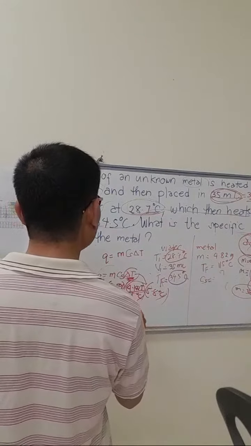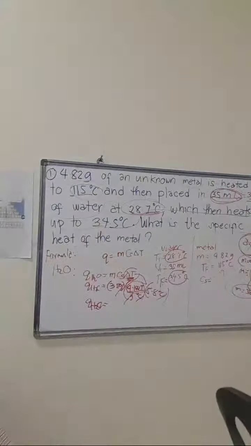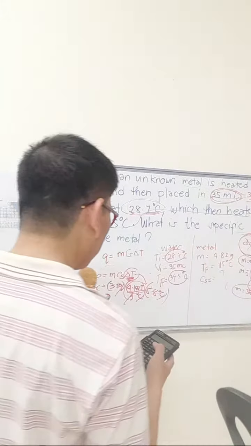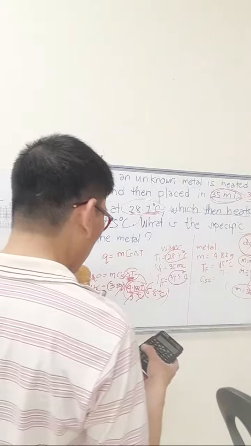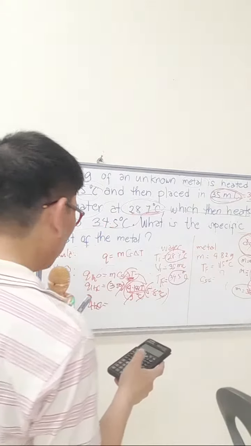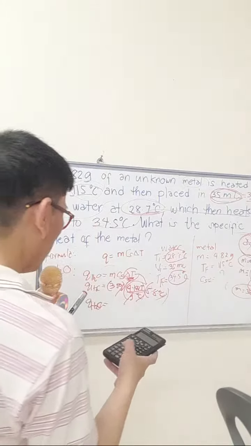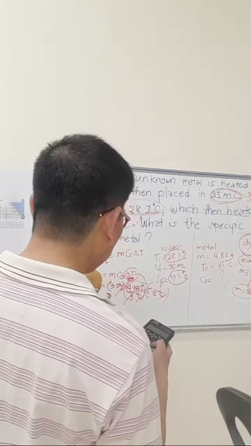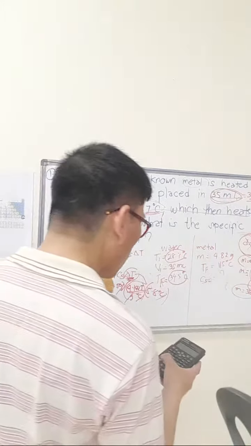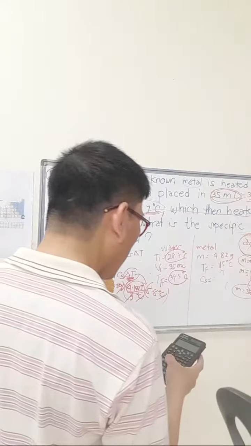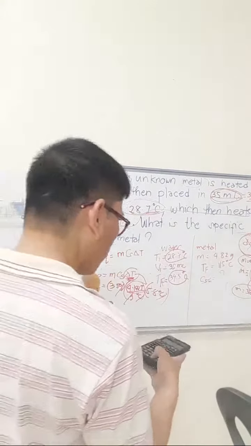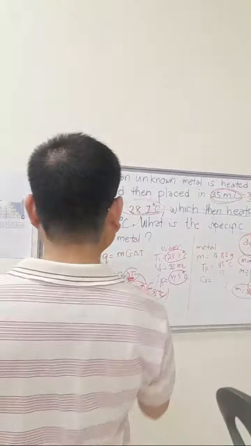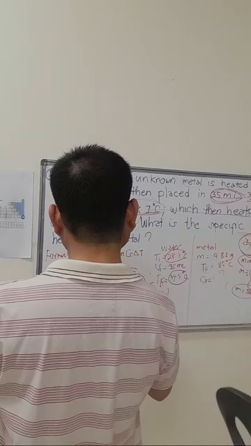On the calculator: 4.184 times 5.8 times 35. So 849. So this will be the joule. 849 joules.